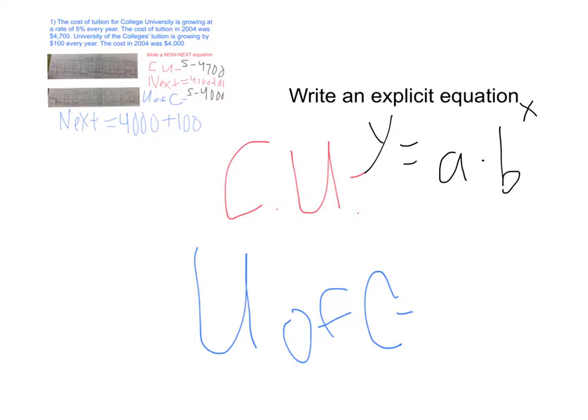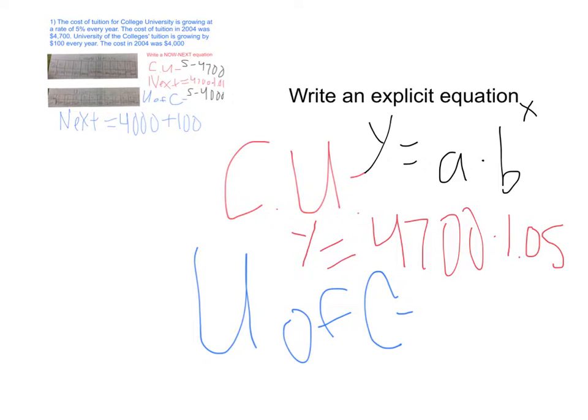A equals the starting value, which would be $4,700, and b equals the common ratio, which is 5%, or 1.05. X represents the year that you are trying to find the y value of. So the equation for College University would be y equals 4,700 times 1.05 to the x.